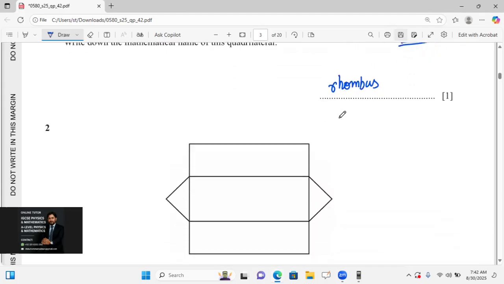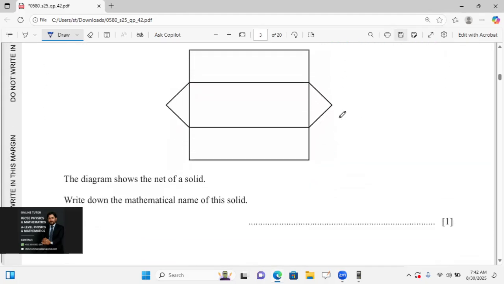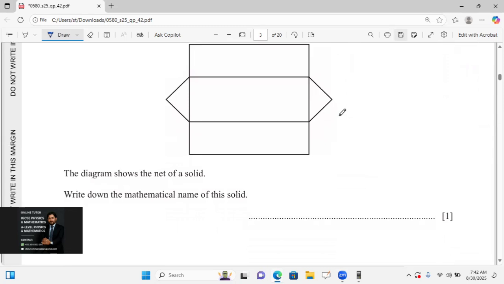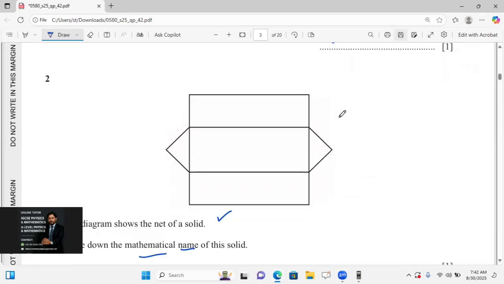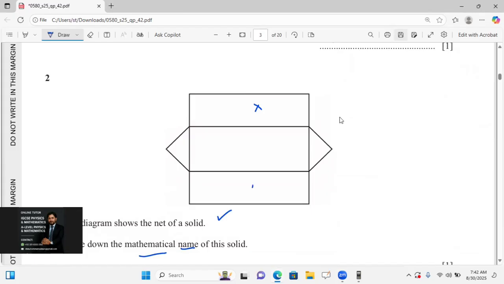Go to question number 2. The diagram shows a net of a solid. Write down the mathematical name of the solid. If I fold this one with this one, and then fold this triangle with this triangle on the left side and right side, and these 2 edges also, then this length is going to match here, and this length is going to match here.